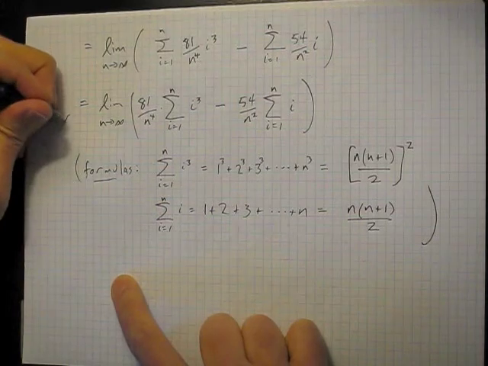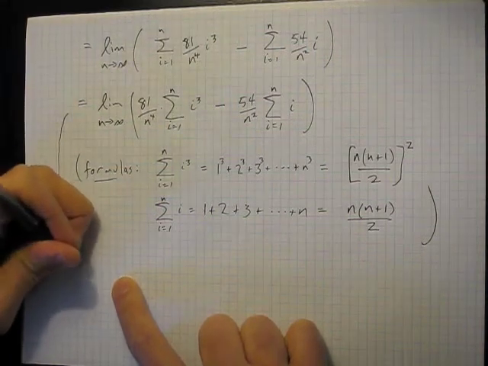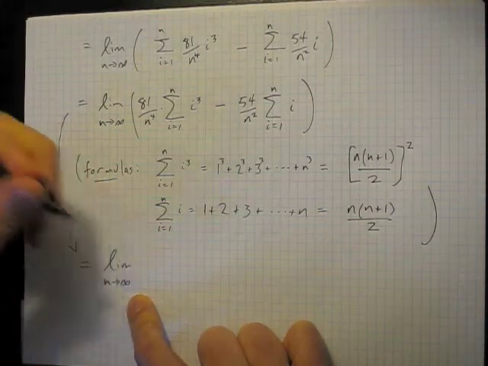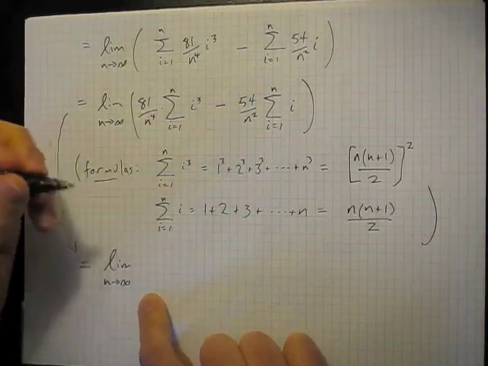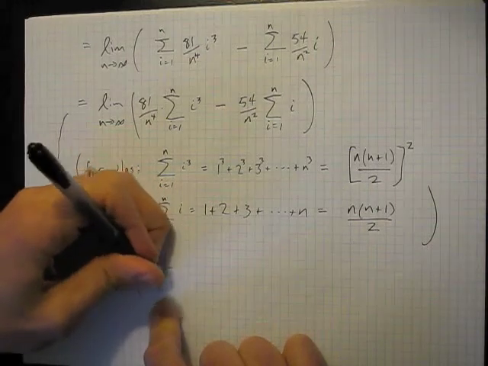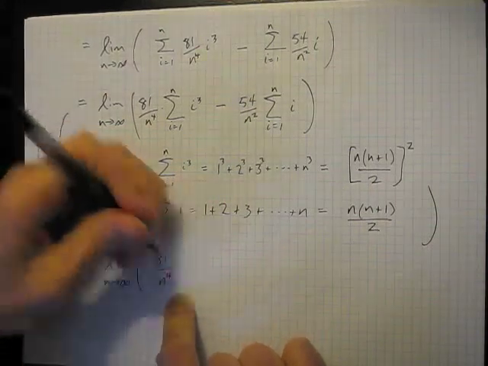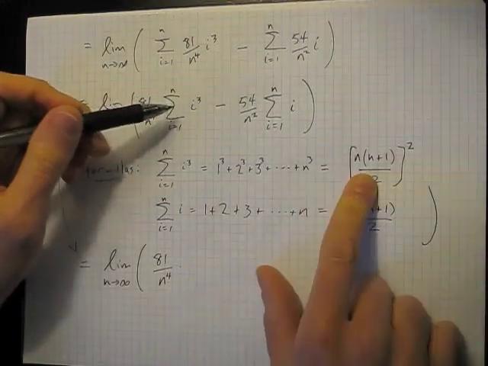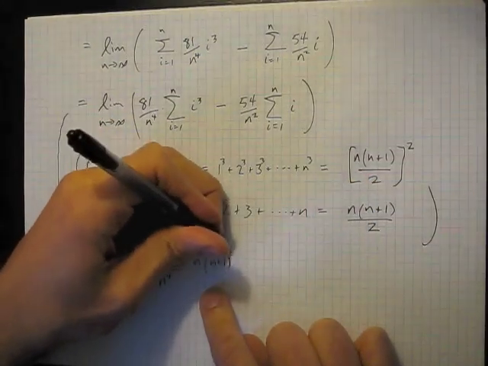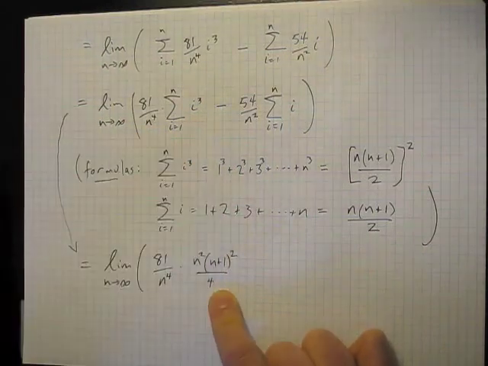And so this is equal to the limit, as n goes to infinity, pardon me, of the following quantity. So we have 81 over n to the fourth times, okay, now I want to replace this by that. So we get n squared times n plus 1 squared over 4.